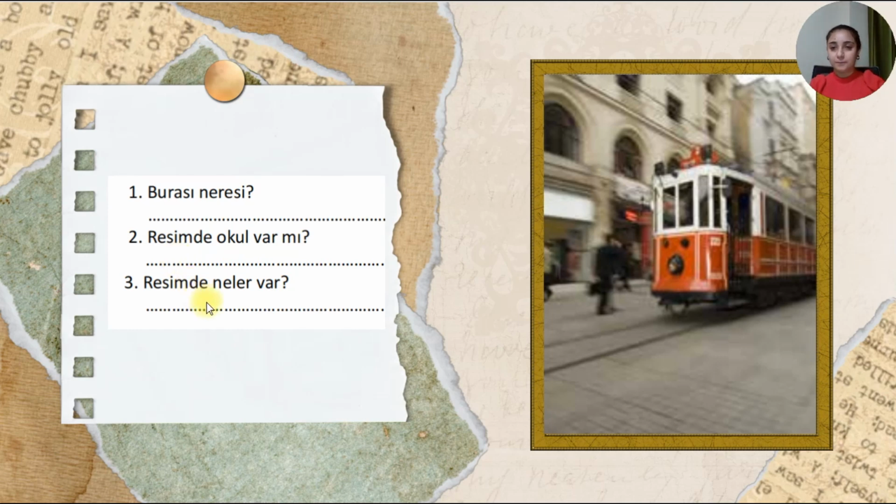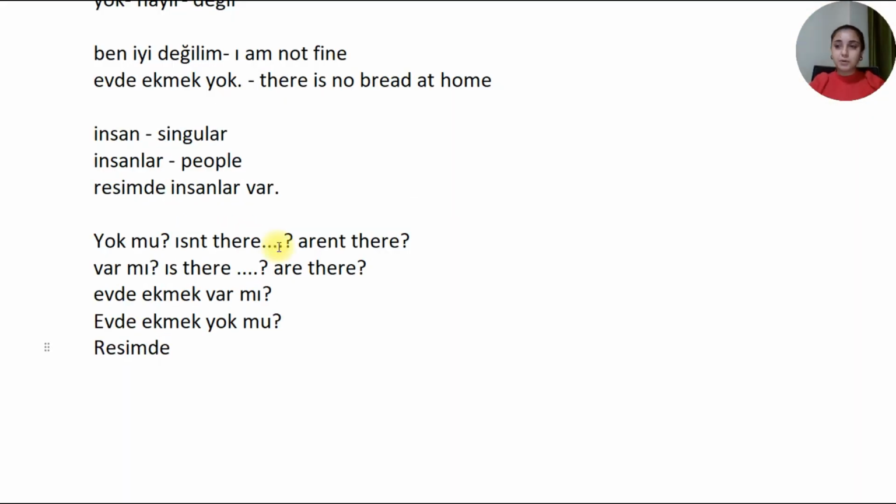Resimde neler var? What are the things in the picture? Resimde neler var? Let's say, resimde street. I'm waiting for you. What was street? Yes, you're right. Sokak. Resimde sokak, and let's say bina. It is building. And tramvay.